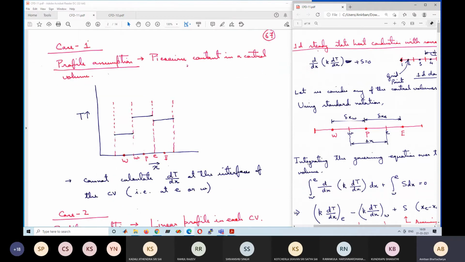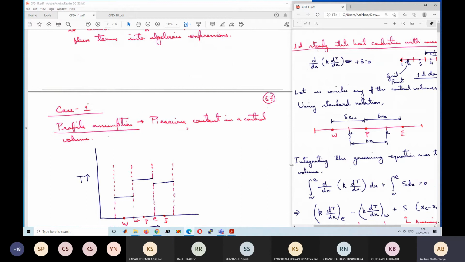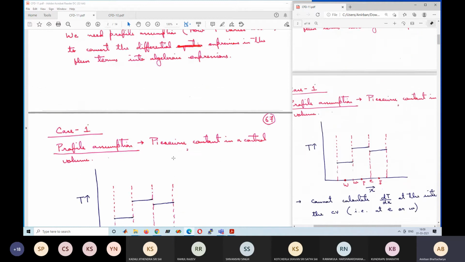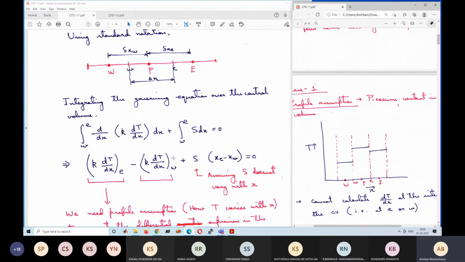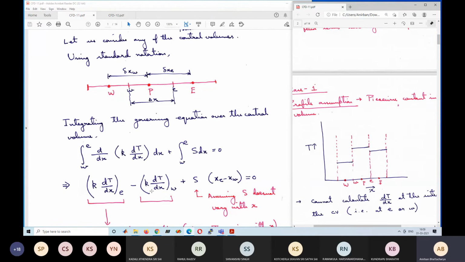Can we calculate, so let me keep this open on this side. Okay. Can we calculate the flux k dt dx at east based on this profile assumption? So what will be the value of k dt dx at the east interface based on this assumption?